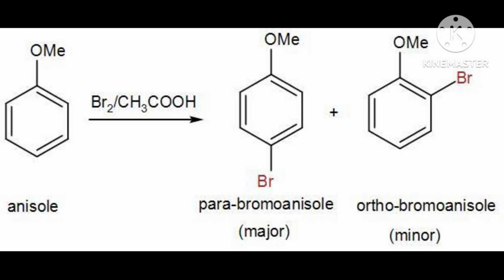Then this carbon can again make a double bond with the next carbon, and the next bond will break. You know all the things. It will form four resonance structures, and finally the negative charge of carbon number 2 will go to carbon number 4 and then carbon number 6. It means the negative charge is now delocalized, circulated from carbon number 2 to carbon number 6.